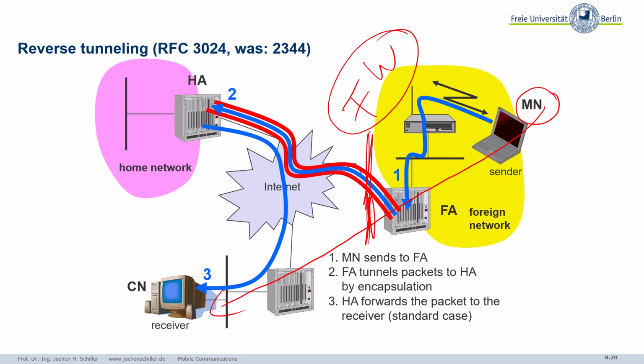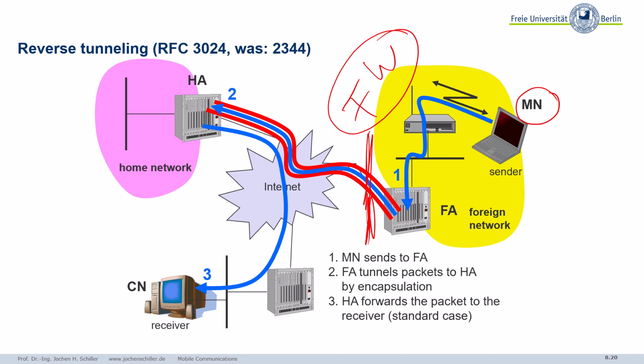So what can you do? Instead of directly sending to the correspondent node, you can also encapsulate using the same tunnel, so create a bidirectional tunnel. You use the same tunnel for sending the data back to the home agent. Okay? And this means for the firewall, everything is topologically correct. At least the outer addresses are correct.